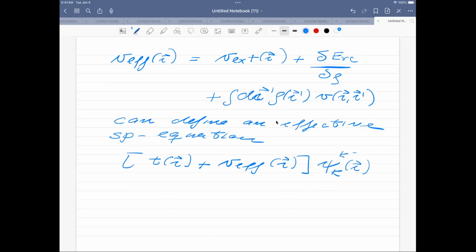And this gives us the Kohn-Sham orbitals. And this is equal to epsilon K, the Kohn-Sham energy, times psi of K of Ks. So Ks stands for Kohn-Sham here.